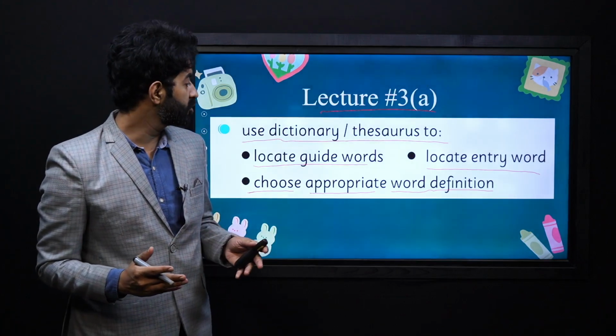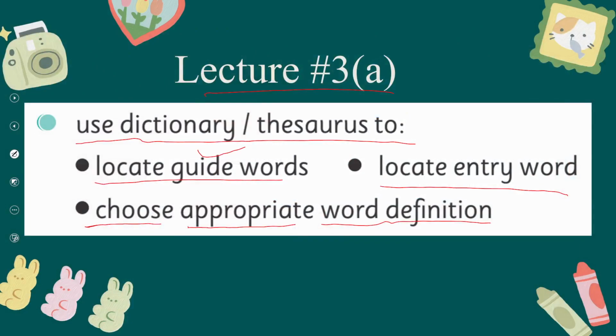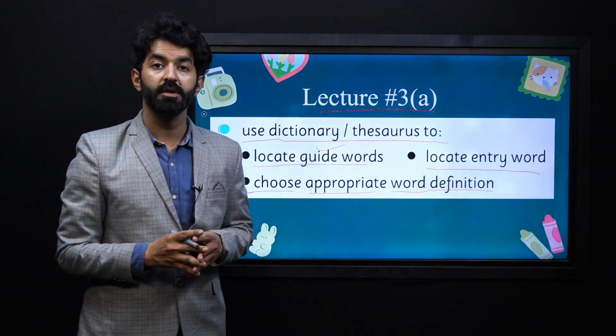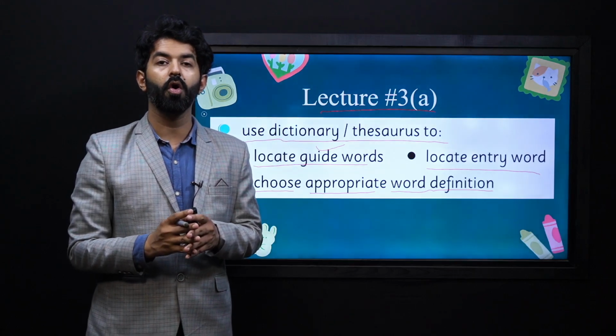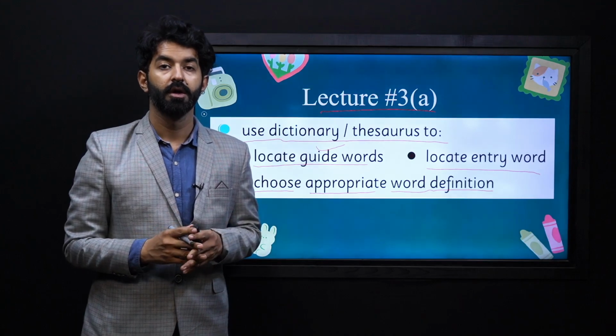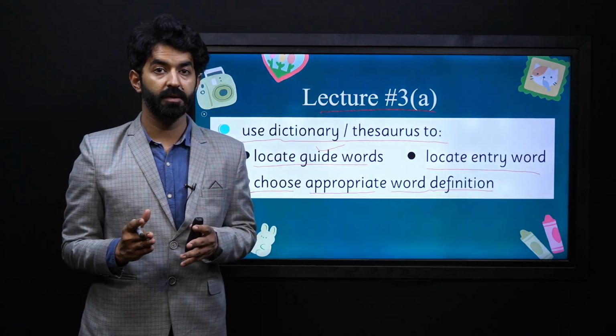We will be able to identify the guide words. We will locate the entry word in the dictionary or in the thesaurus, and also we will see how we can choose the appropriate definition of all the definitions that are in front of us with the right context. So I hope that you have your dictionaries. If you don't, then you can get one.